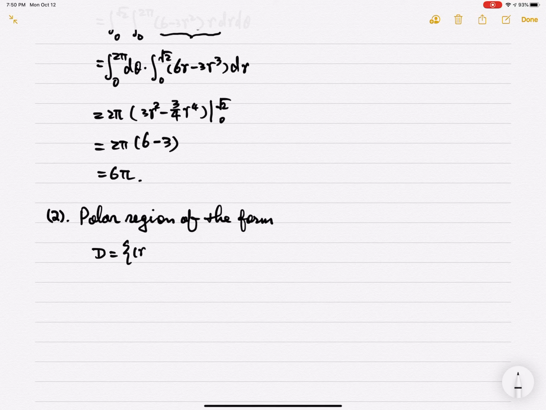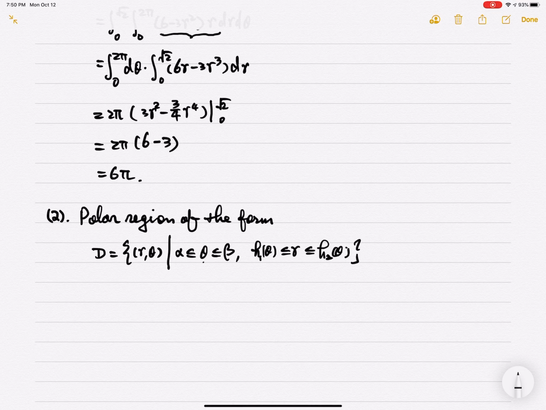So this is (r, theta), where theta changes from alpha to beta. That means theta is between two constant angles, and r is between two functions, h1(theta) to h2(theta). Okay, we say it's like this.